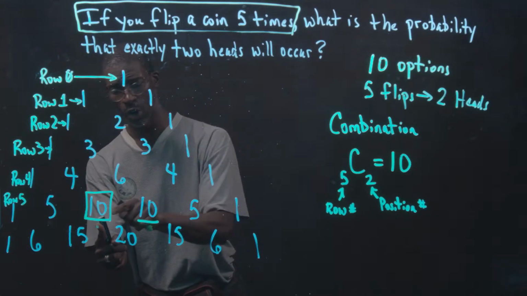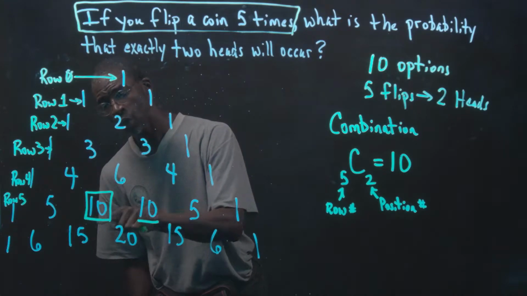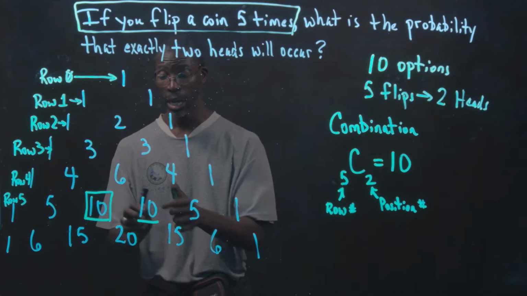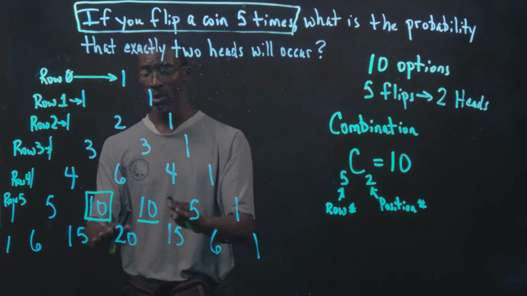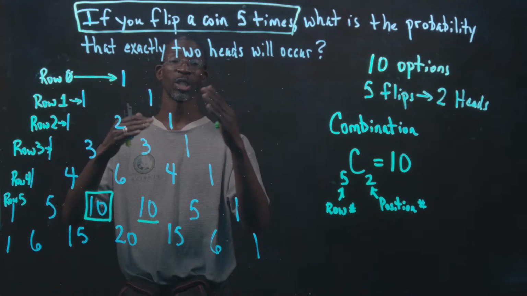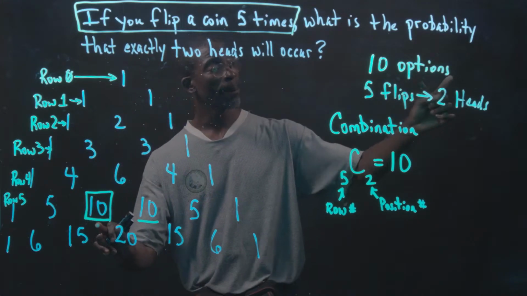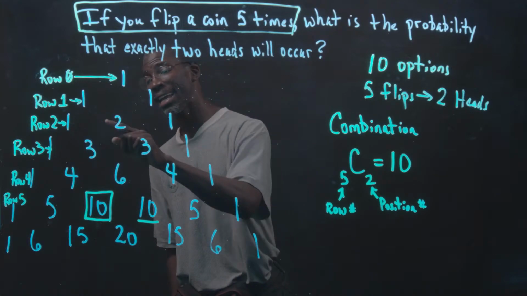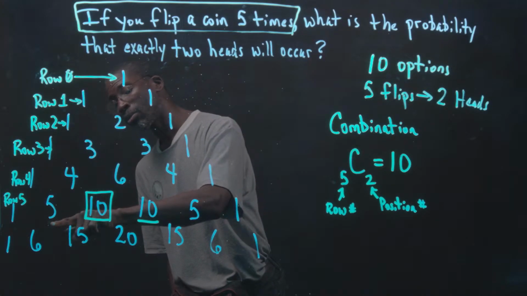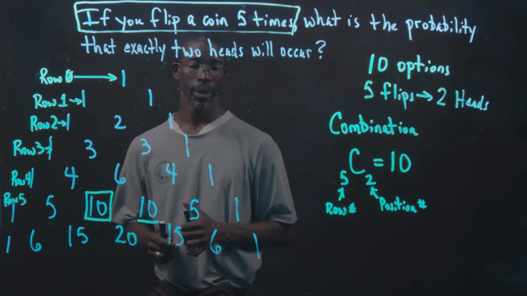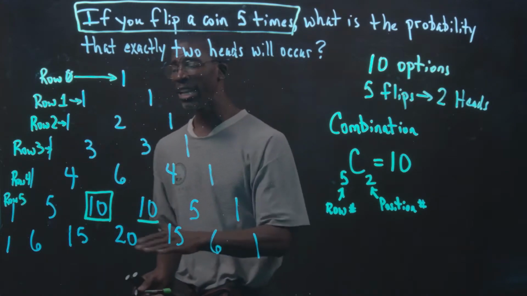5C2 means we can go to Pascal's triangle, go to row 5, go to position 2, and identify how many options there are. Don't forget, this also serves as a coefficient inside of a binomial expansion. So not only are these numbers coefficients for a binomial expansion, these numbers also represent the number of options there are if you were taking 5 items in a sequence and you were focusing on 2 of them at a time, or any number of objects.